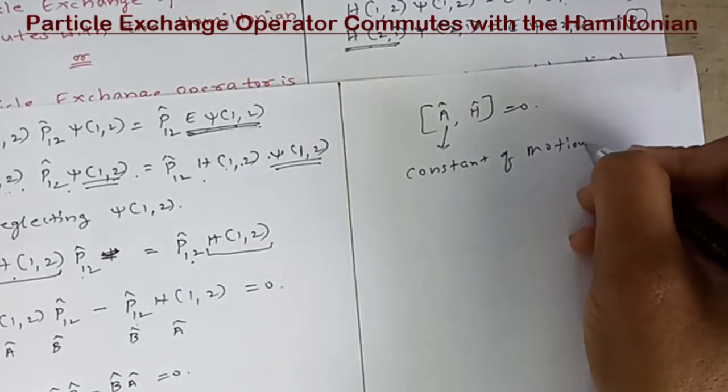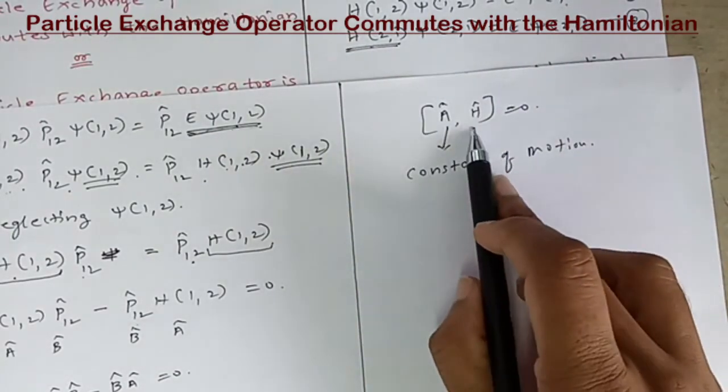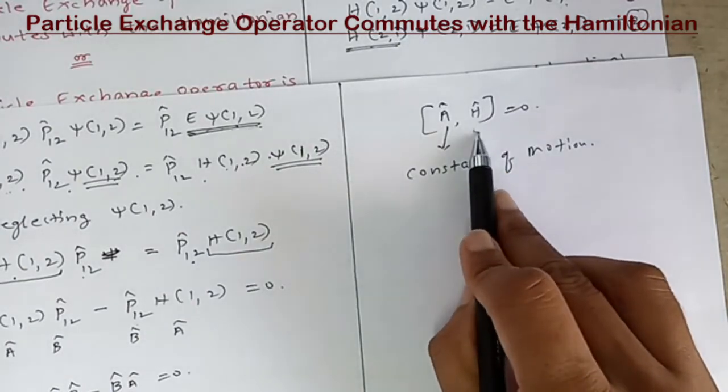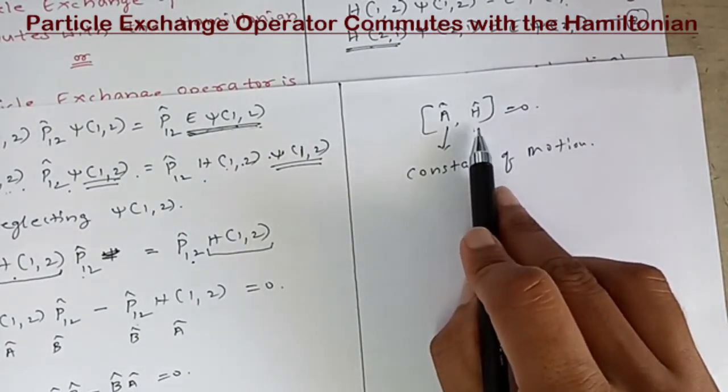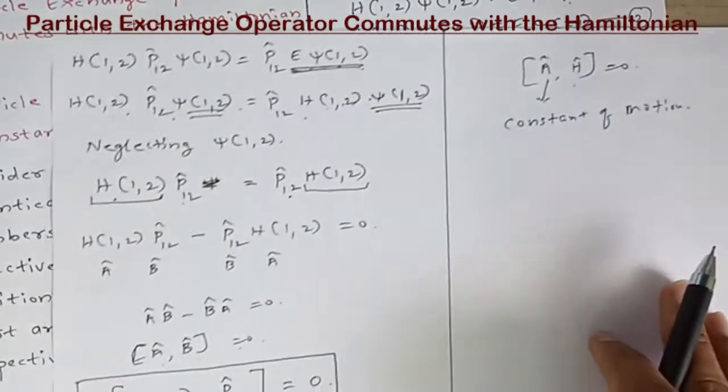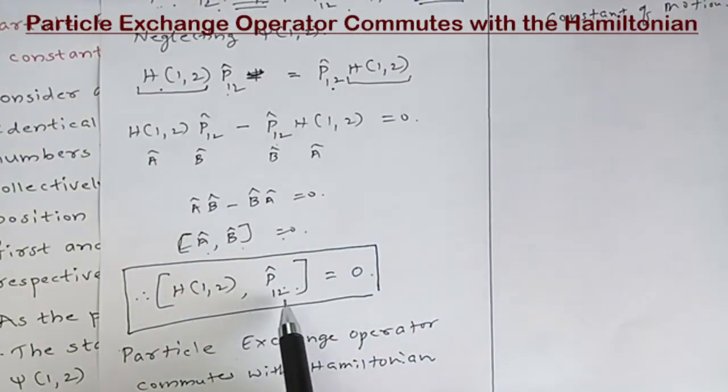This comes from the basic formulation of commutator algebra. Here we have the same type of result, that the particle exchange operator is commuting with the Hamiltonian.